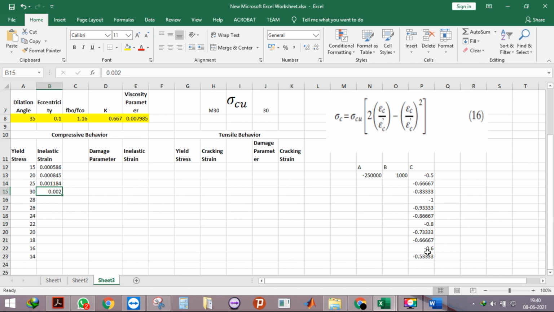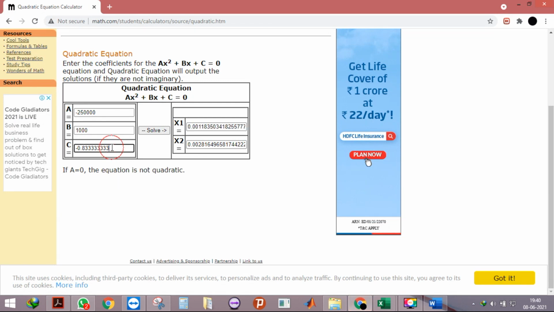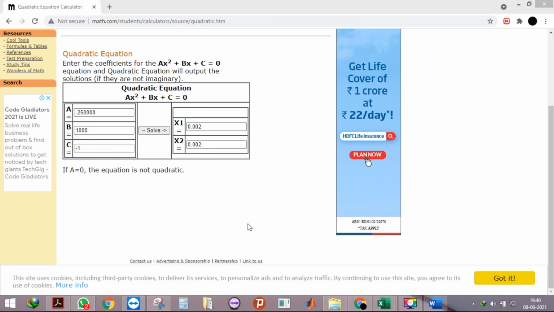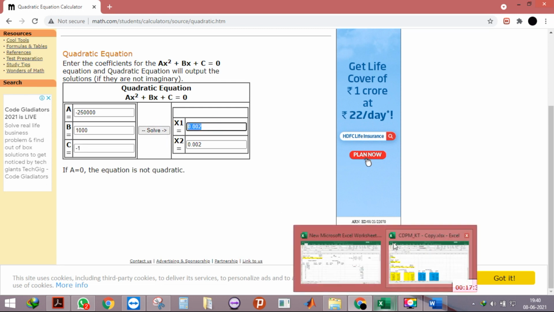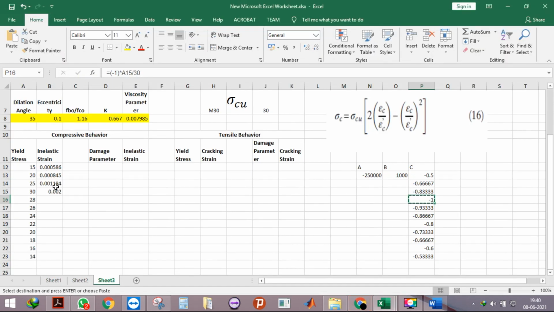So done. Now you can cross check here. If you enter the coefficient, you will be getting the strain 0.002. If you're not getting that, that means there is some mistake in your calculation. See, 0.002. So this is a cross check over here.